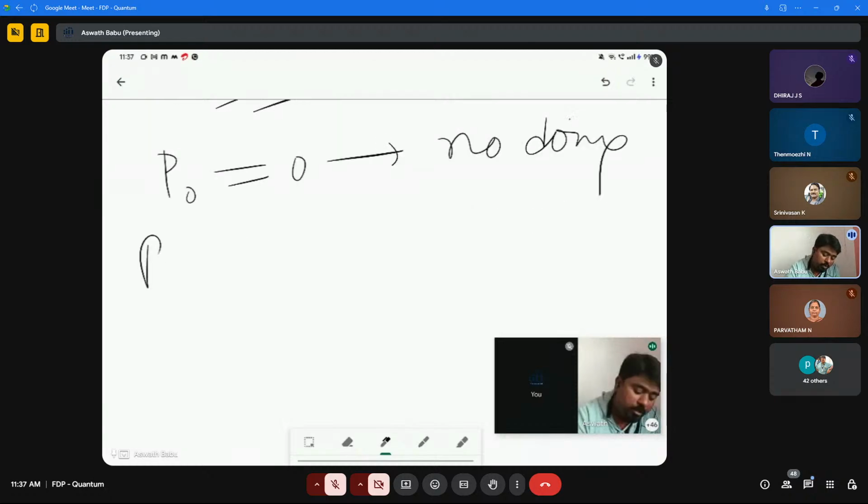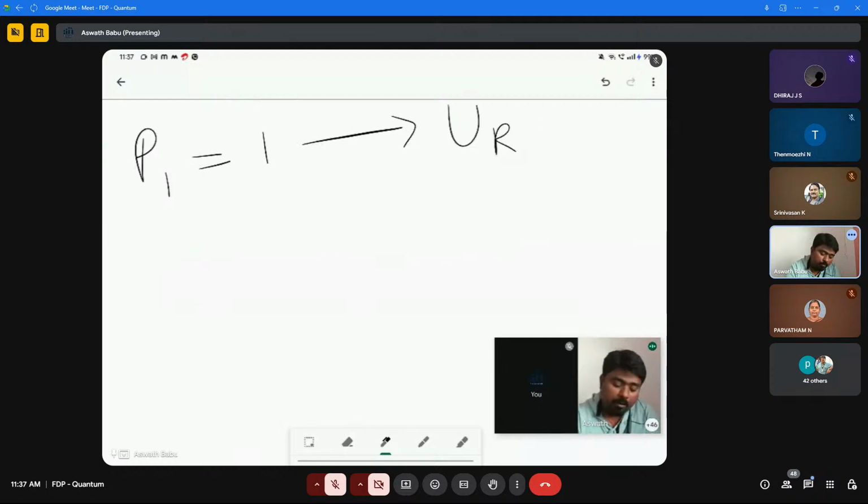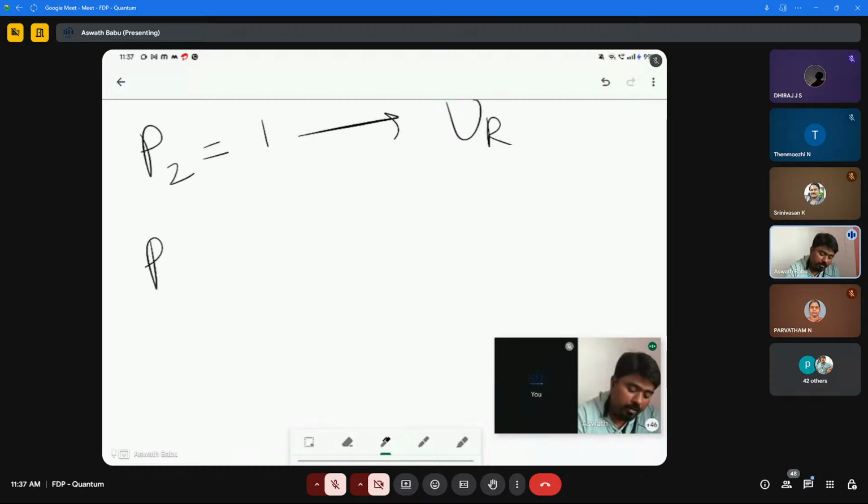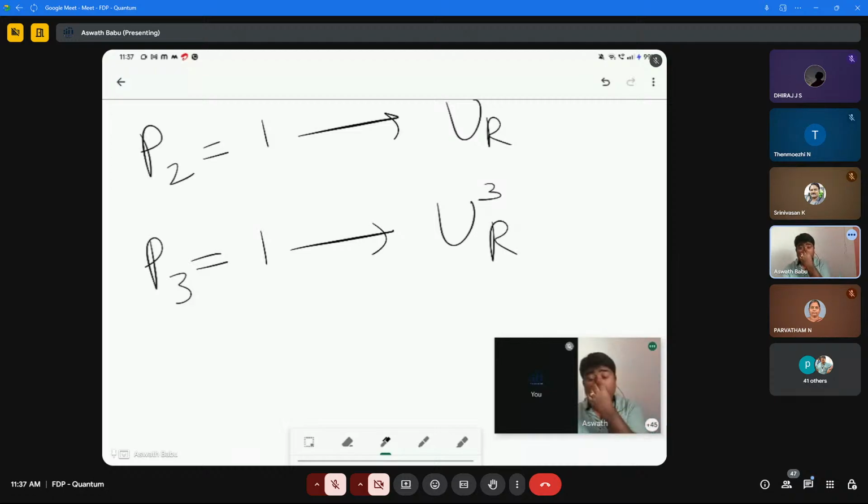If P1 is giving you 1, it means you have to act a unitary recovery. If P2 is 1, you have to act UR2. If P3 is 1, you have to act UR3. Okay, so this is how recovery is being done.